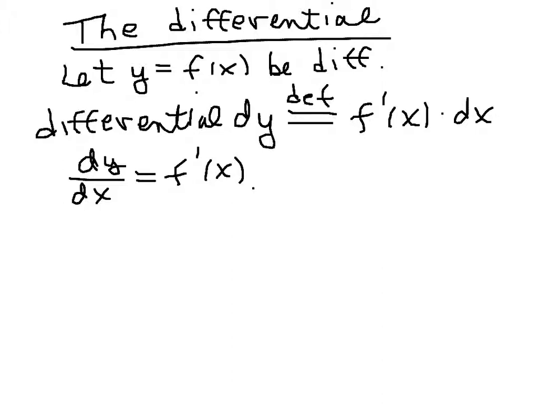The difference here is that we're thinking of dy and dx as separate entities, and that's where we get dy equals f prime of x times dx. These ideas are best seen by a picture, so I'll attempt to draw one on the next page and hopefully help you understand a little more about what dy and dx really represent.